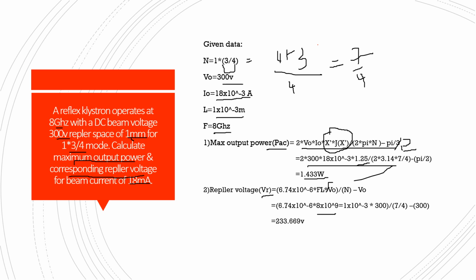Substituting the given data: 6.74 into 10 power minus 6 into 8 into 10 power 9 into 1 into 10 power minus 3 into square root of 300, all divided by 7 by 4, minus 300. The repeller voltage value is 233.669 volt.